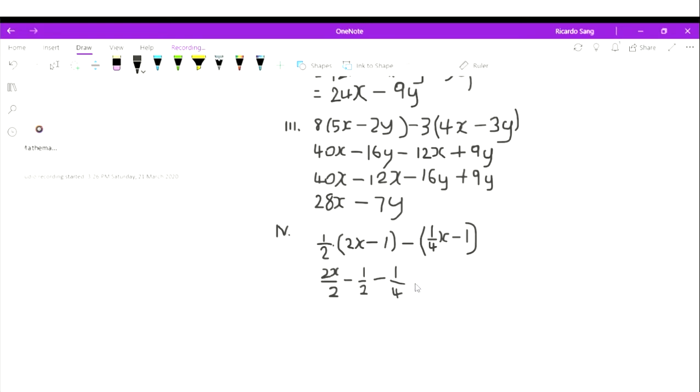Negative times a negative gives you a positive, so -1 times -1 will give you +1. Now that we've removed the bracket, we can simply apply our calculations.